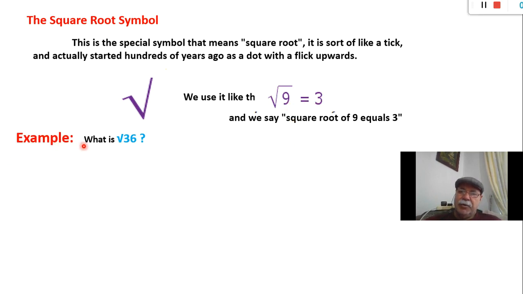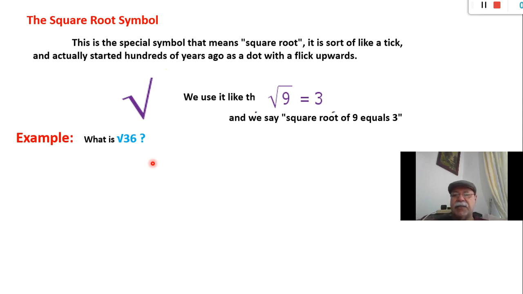Here is an example also. What is the square root of 36? He asked me for the square root. What is the result? Where does it come from? This is the original number. If I go to the times table, I see 36. When I put the point on this 36, I go to horizontal 6 and vertical 6, and I see they cross at 36.